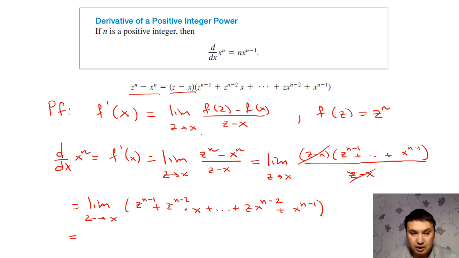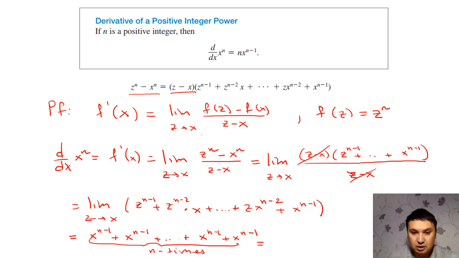Then you will get x to the n minus 1. Here it's again x to the n minus 1 because this is x to the n minus 2 multiplied by x. You can see that all of these terms are x to the n minus 1. How many of them do I have? I have n many. This is repeated n times. So I have n times x to the n minus 1, as I wanted.